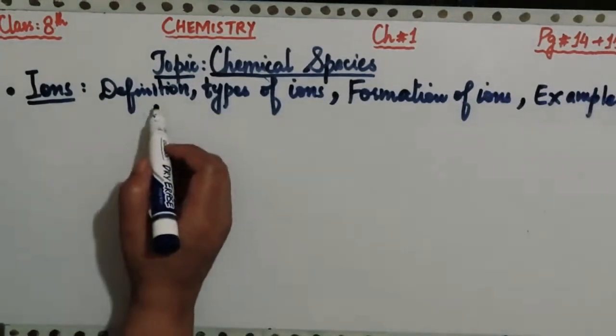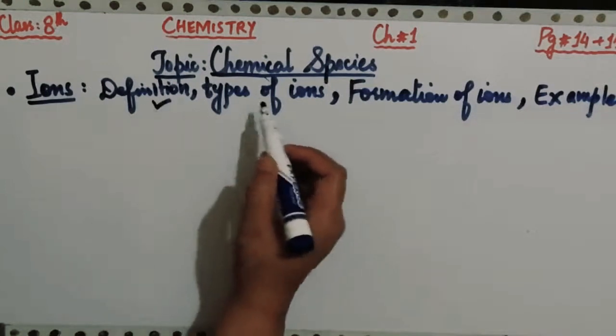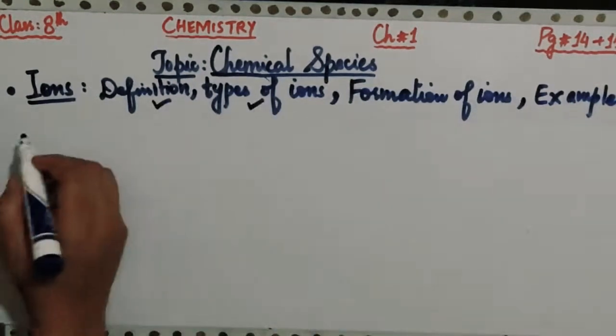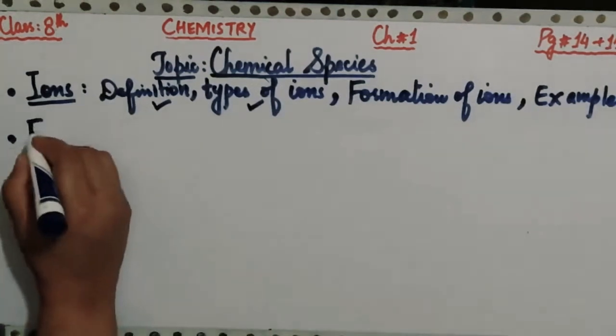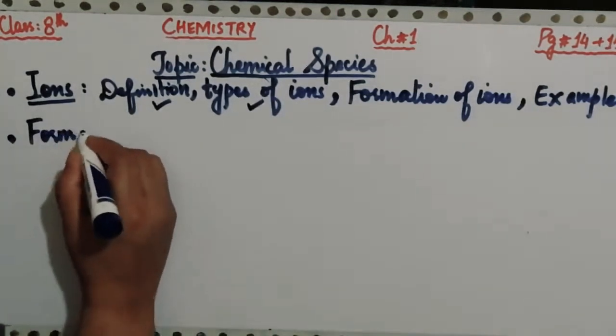So we have covered definition and types of ions. Now we are going to move to the third heading, formation of ions. So the next heading, formation of which ions, we are going to write first.